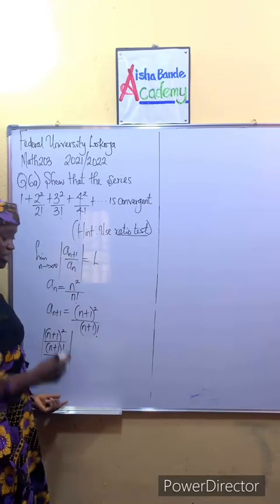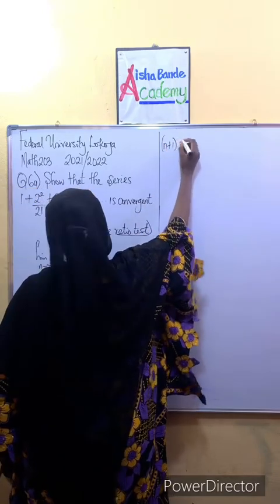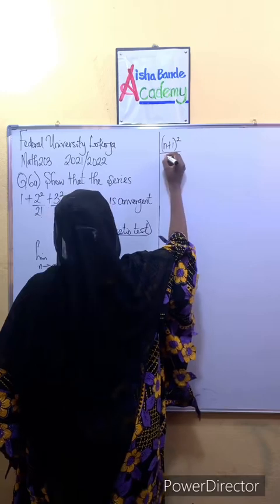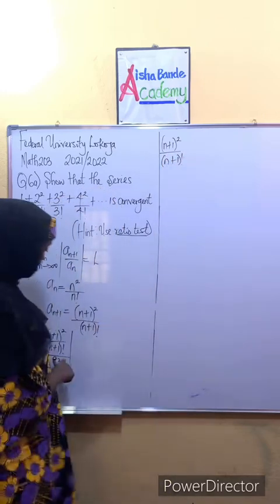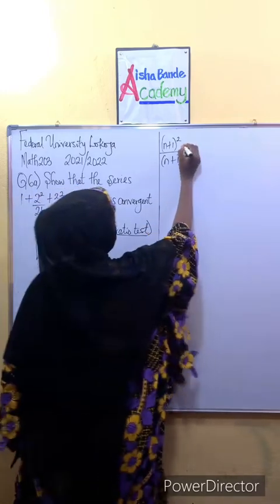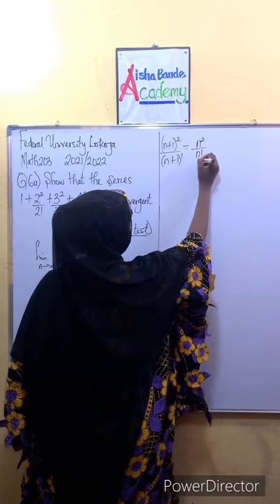From this point, let's simplify this. This is the same as saying n plus 1 whole squared divided by n plus 1 factorial, and the line we have here is a division line, so this is divided by n squared over n factorial.